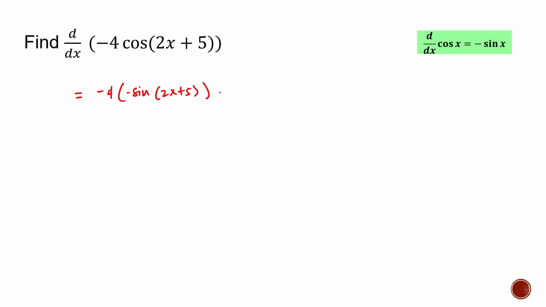And then after that, we will multiply this by the derivative of the inner expression, which is 2x plus 5, and that's 2. 2 times negative 4 is just negative 8 times negative sine 2x plus 5. And this is equal to 8 sine 2x plus 5.